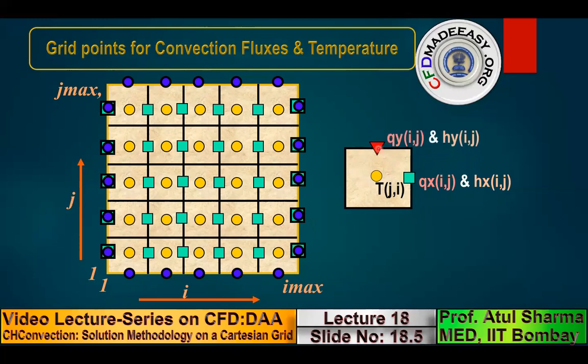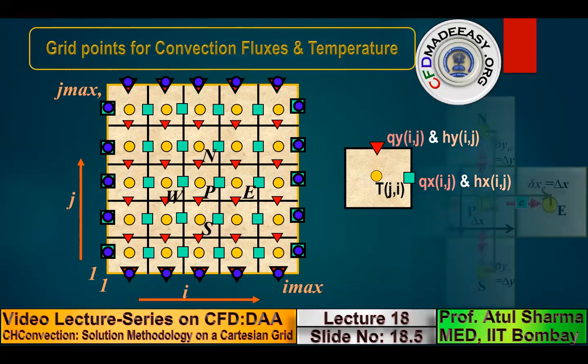And the red inverted triangle, which was presented as the grid point for the conduction fluxes in the y direction in the previous topic, is presented here as the grid point also for the enthalpy flux in the y direction, Hy. So these are the grid points for Qy and Hy. The combination of conduction flux and enthalpy flux gives you the convection flux. This is a computational stencil.